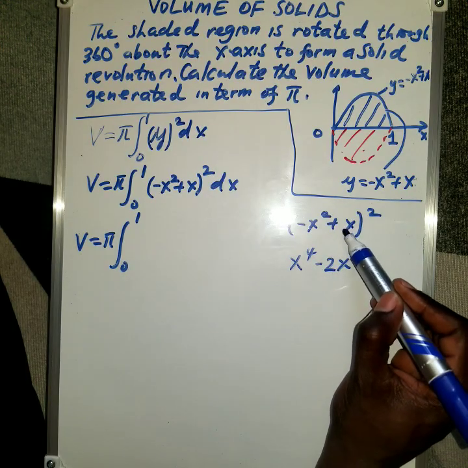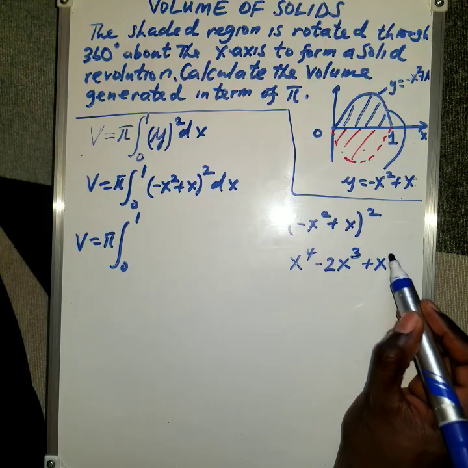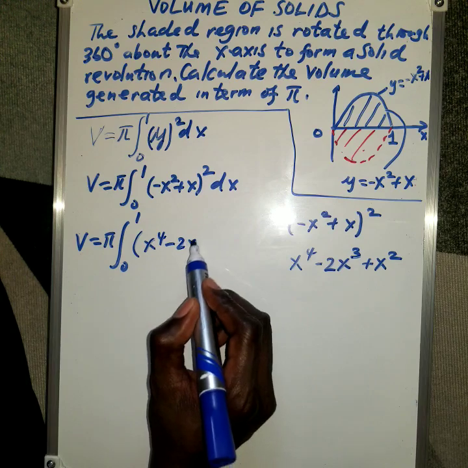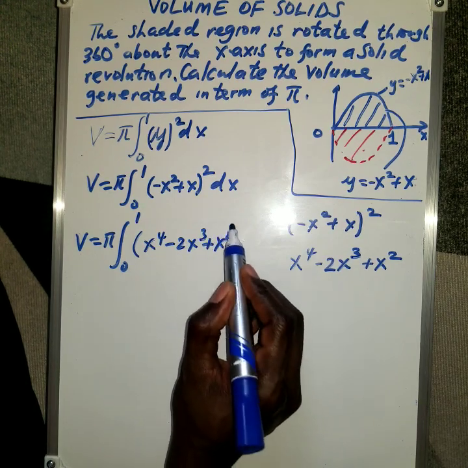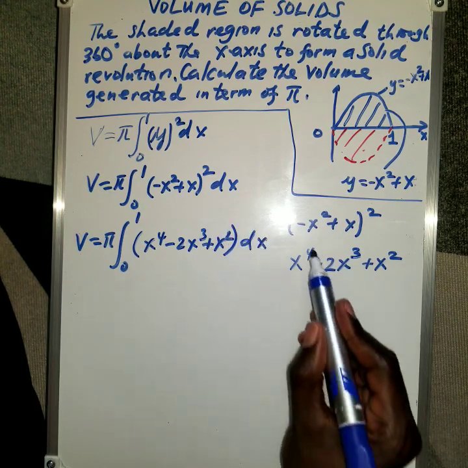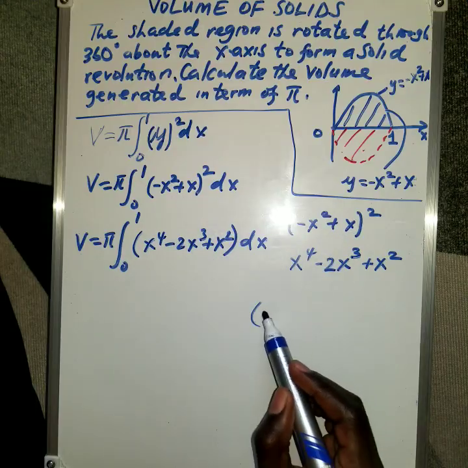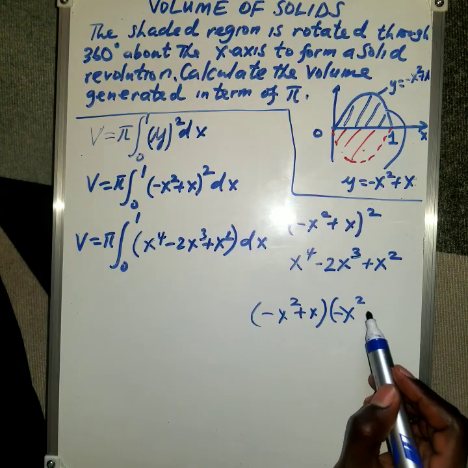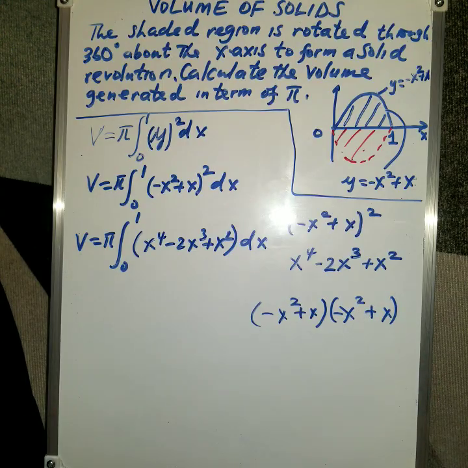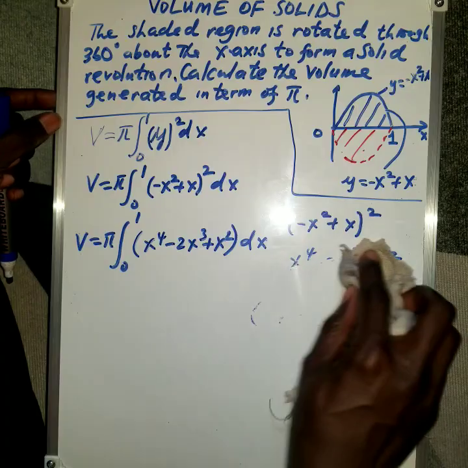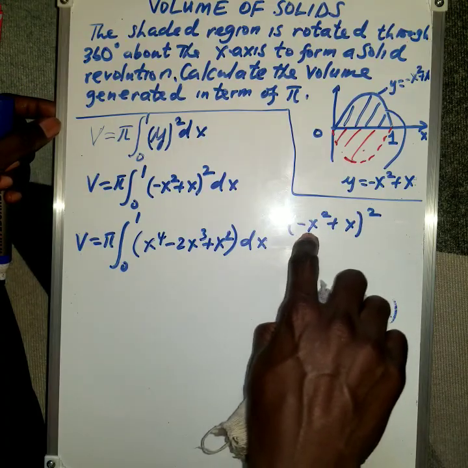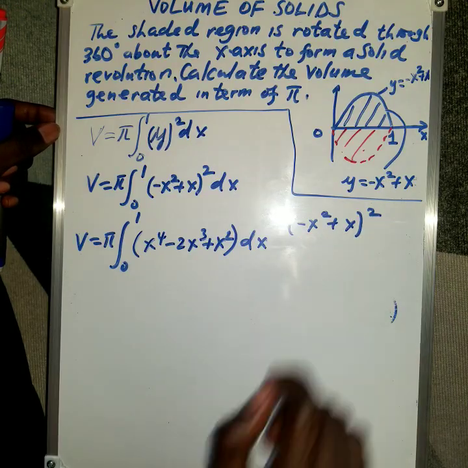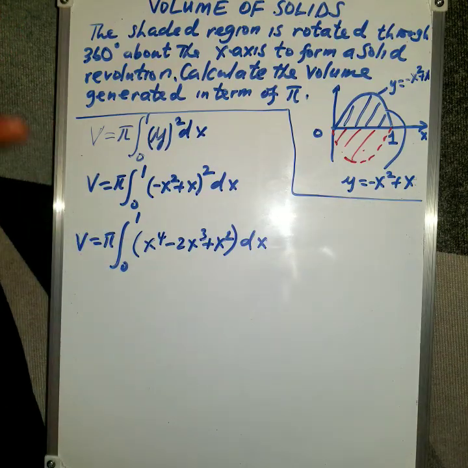Then the last term, x raised to the power 2, gives plus x squared. If you're having a problem expanding, you can write negative x squared plus x again and multiply by negative x squared plus x. I just use the simple technique where you get the first term and square it, then the middle term, this times that, then the last term you square it. That is why I got it directly there.